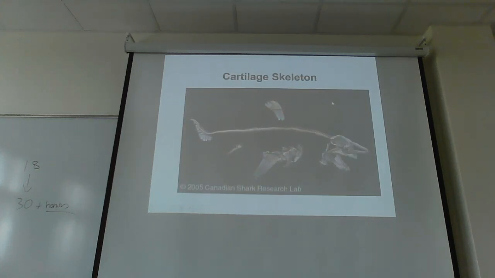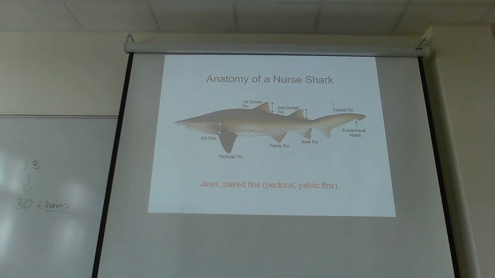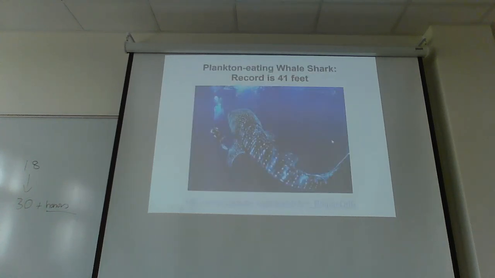All right. This was the anatomy of a shark. We already saw this, with all the fins, the type of fins that you also find in bony fish. Sharks can get very big. There are also sharks that eat plankton just like whales.